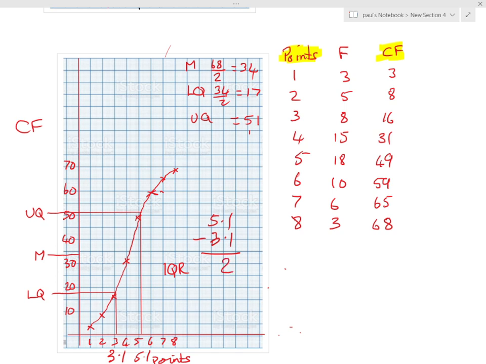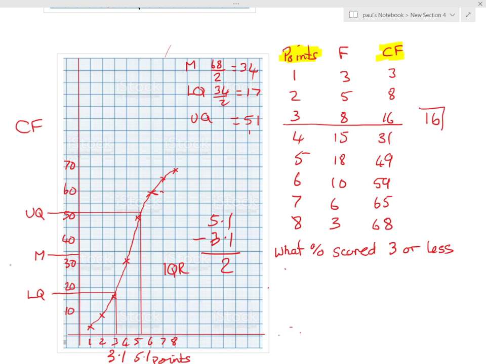Now, a subsequent or additional question could be, what percentage scored 3 or less? So here is the 3 or less there. All the people above those lines scored 3 or less, and that is 16.